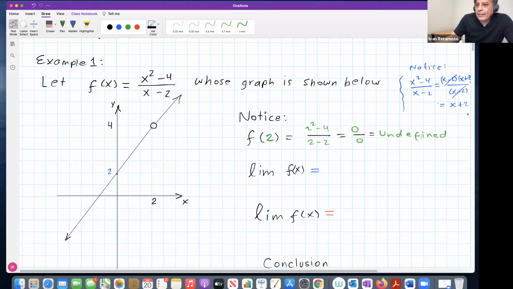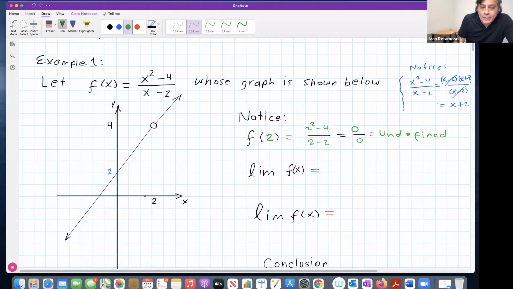Now, knowing that it's a line, let's talk about the limit. The limit of this function as x approaches 2. All right, the fact that this function is undefined at 2 doesn't prevent me from investigating what happens with the function in a neighborhood of 2.